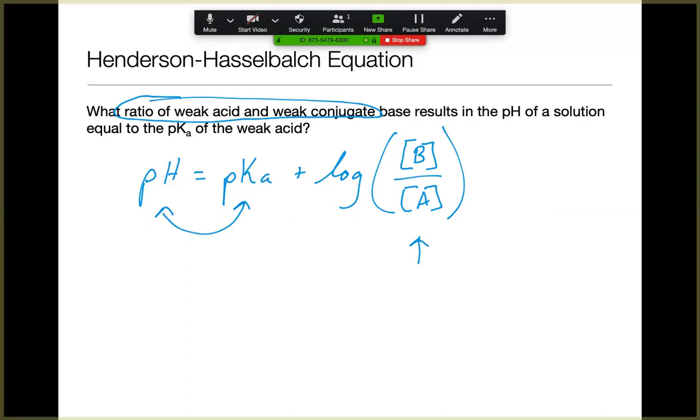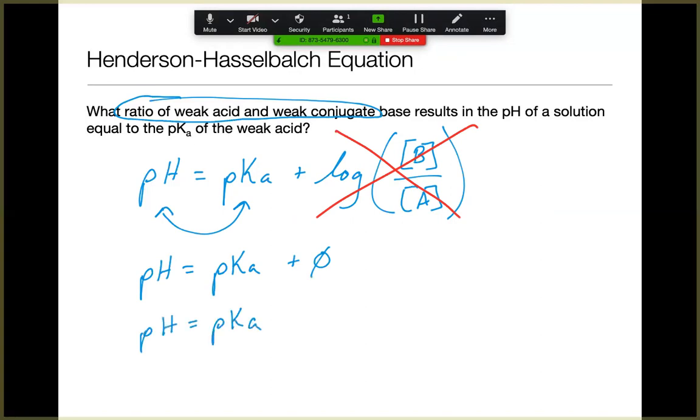So this might require a little critical thinking, but if I can get this part of the equation to equal the number 0, I could simplify that equation down to pH equals pKa plus 0, which is pH equals pKa.